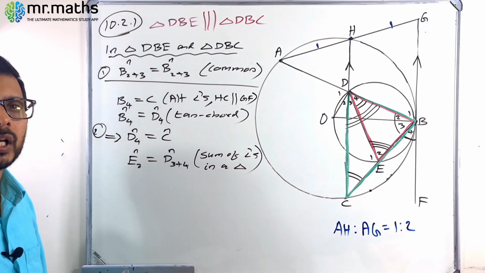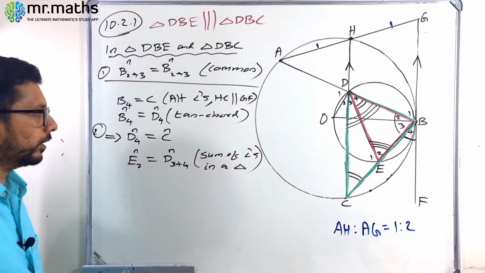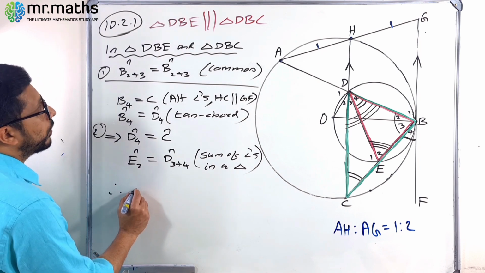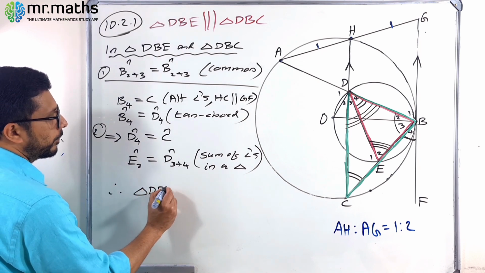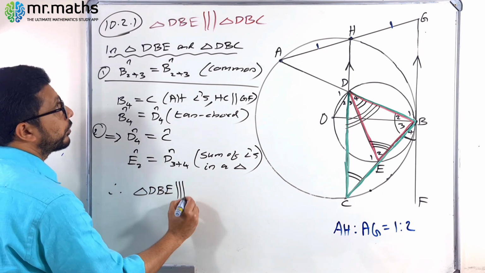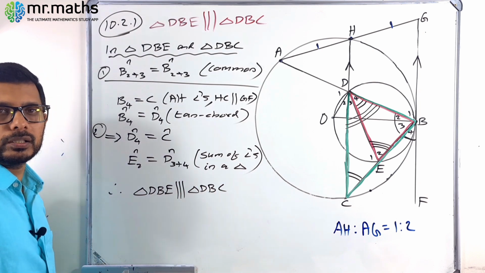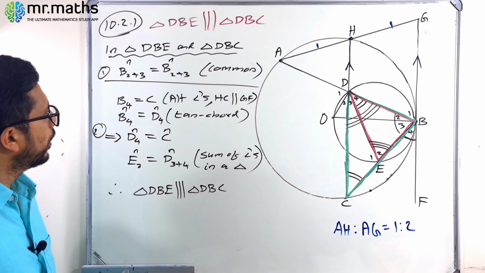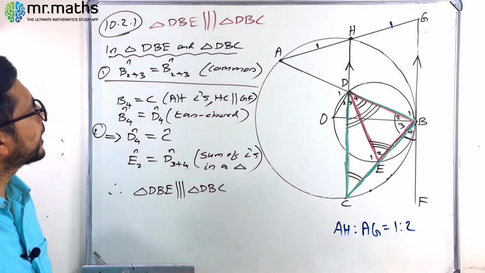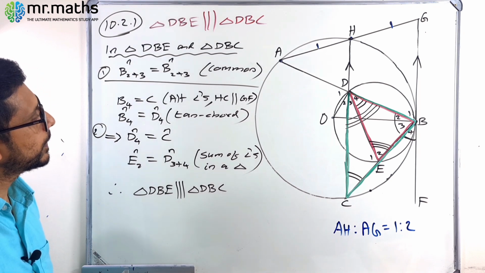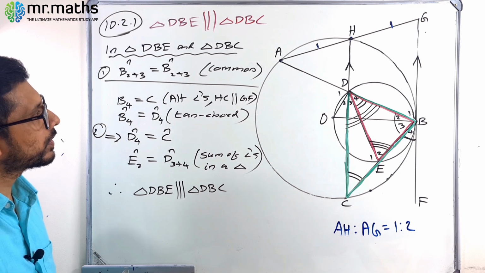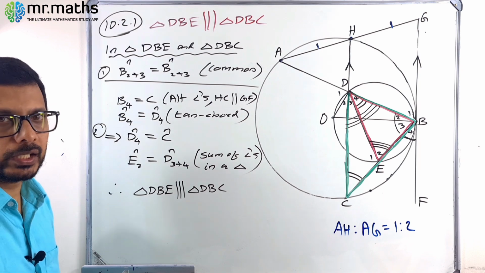So we already proved that the corresponding angles are equal. So what can we write? Therefore triangle DBE is similar to triangle DBC. Okay, those two triangles are similar. Now, I think, guys, there is a slight mistake in the question.